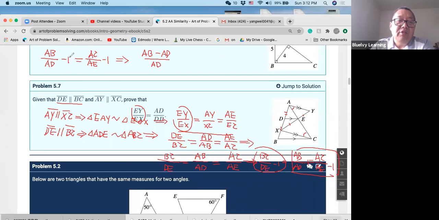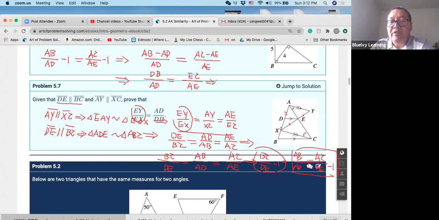Because we can write 1 as AD over AD, and here as AE over AE. So this equals AC minus AE over AE. Now AB minus AD equals BD, or DB. So DB over AD equals AC minus AE, that's EC over AE, right?